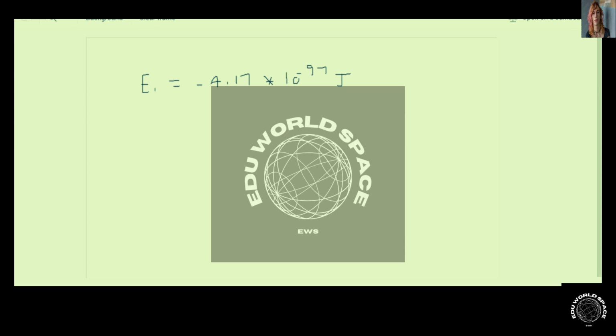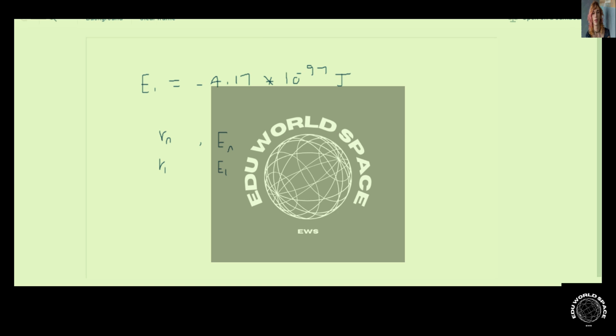From this, we found an expression for R_n, the orbital radii, and another expression for E_n, and we get a rough idea of the values in both cases. For the ground state, we found the value of R1, and we found the corresponding energy as well. It turns out to be a very small amount of energy with a very huge radius.